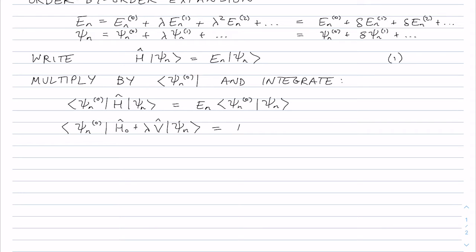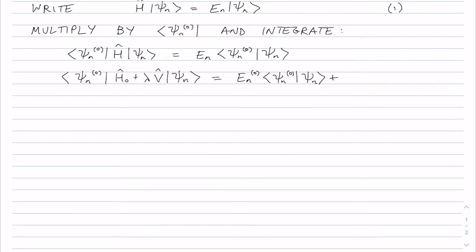That will give me En 0 psi n 0. So that's applied to the left, and that's the first term. And the second term is, I'll just take the lambda outside, and then I get psi n naught V psi n.